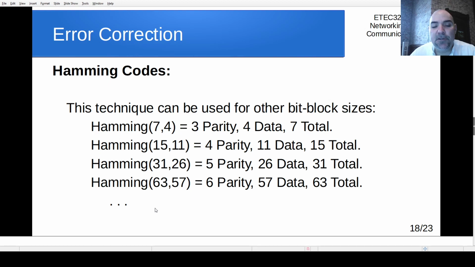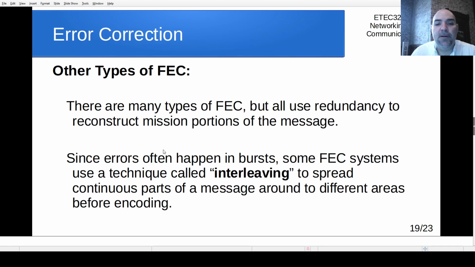So Hamming works great for things that have low likelihood of errors, as long as we keep the block size small enough that they can be fixed. And Hamming codes are used quite a bit, but there are other types of forward error correcting code that are worth looking at.